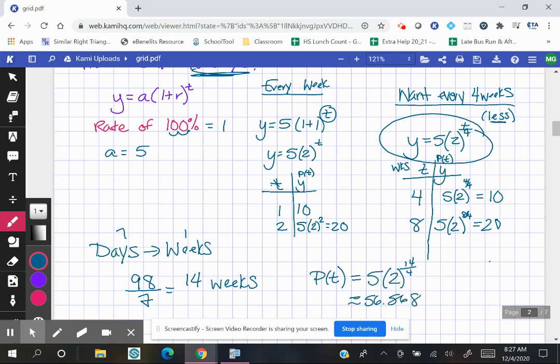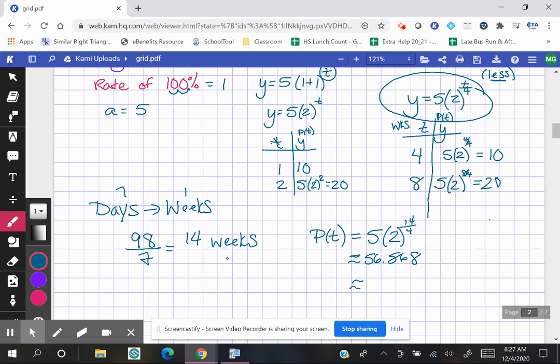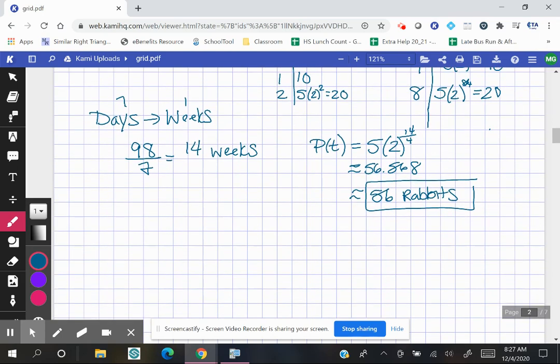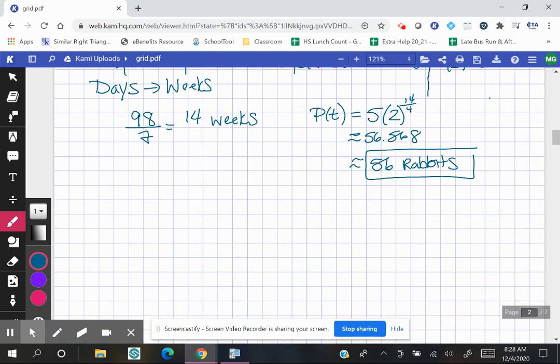So approximately how many rabbits would that be? Approximately 56 rabbits. The choices were 56, 152, 3,688, or 81,920. So 56 would be our final answer.